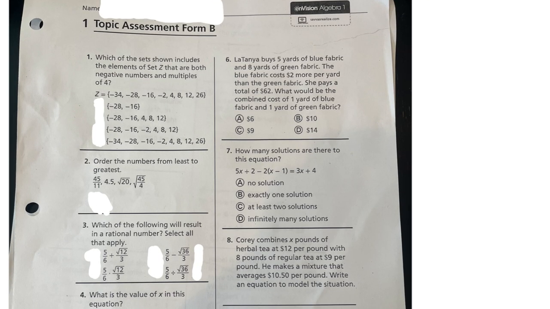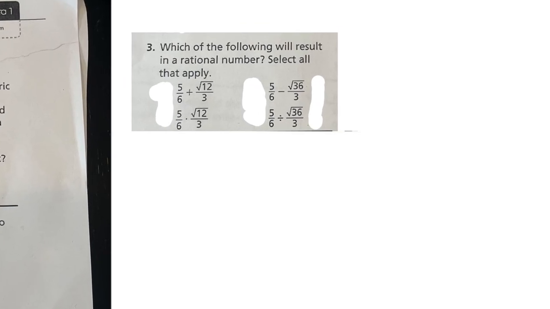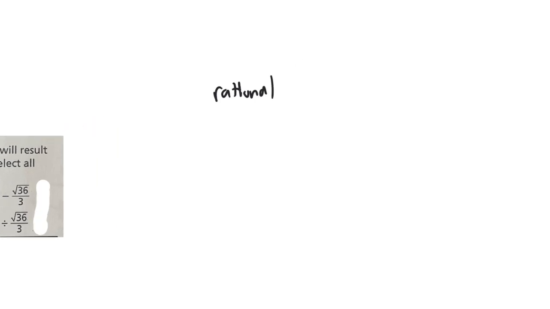This here, let's see. Which of the following will result in a rational number? Select all that apply. So once again, just know that a rational number might be best understood... I kind of went through a breakdown recently with my student about this, with this whole big flow chart talking about real numbers, integers, et cetera.